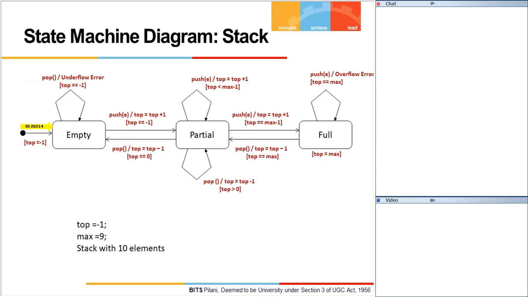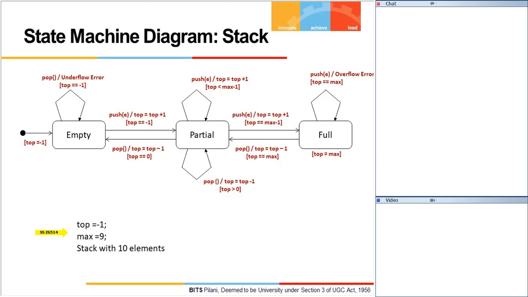There can be an empty state, there can be a partial full state, or a partial empty state, so I name it as a partial state, and there is a full state, right? Now if you see on this diagram, the various transitions have elaborate labels, right? And I have got a few assumptions here.